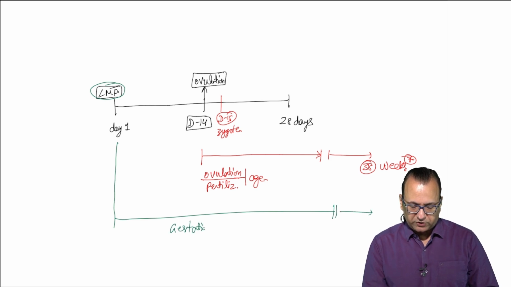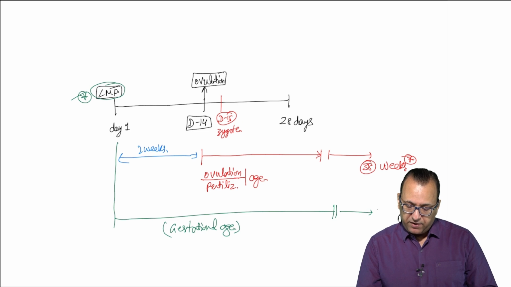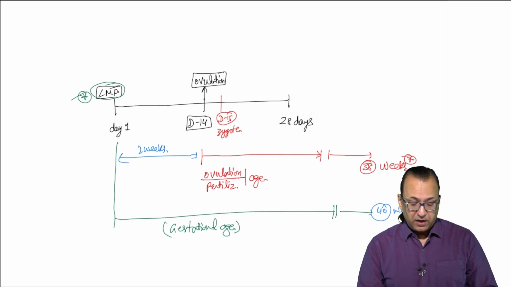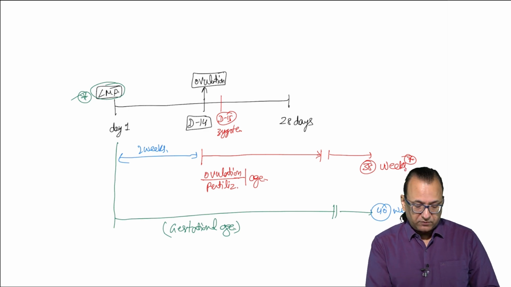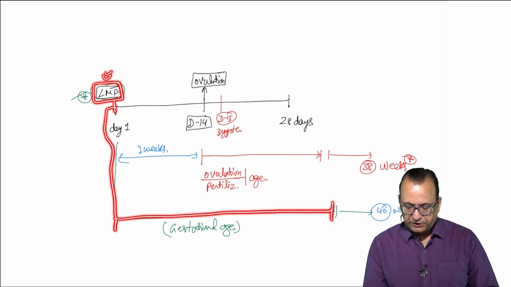So if a question comes on gestational age, you have to calculate from the last menstrual period, and obviously there will be a gap of 2 weeks here, as you can see, and it will be 40 weeks. Let us revise once again. In clinical practice, the patient tells you the last menstrual period, and from that you calculate the gestational age, and that will be 40 weeks in total.